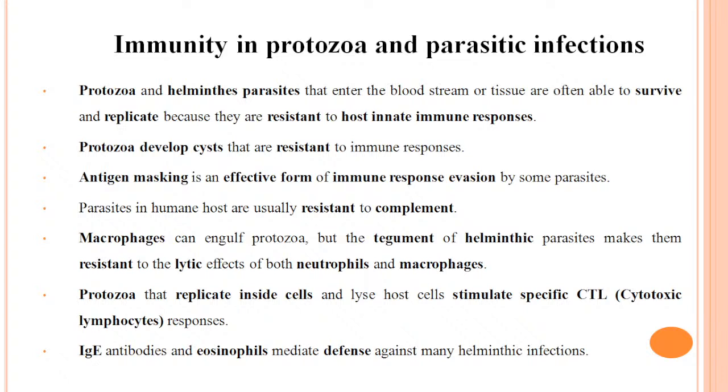And another main mechanism of anti-protozoa and anti-parasitic immunity is immunoglobulin E, IgE. IgE antibodies and eosinophils mediate defense against many helminthic infections. So cytotoxic lymphocytes, IgE, and eosinophils are effective against protozoa and parasitic invasions.